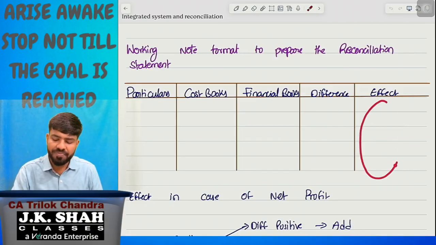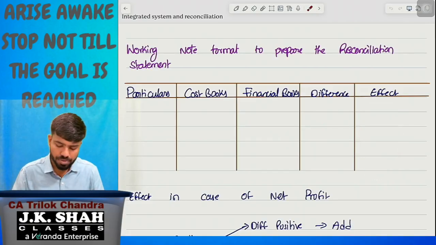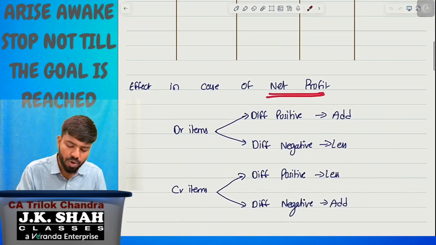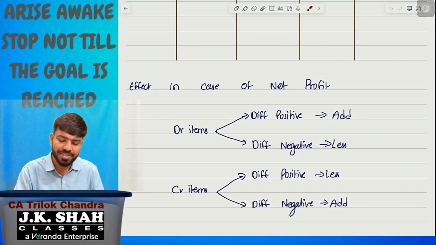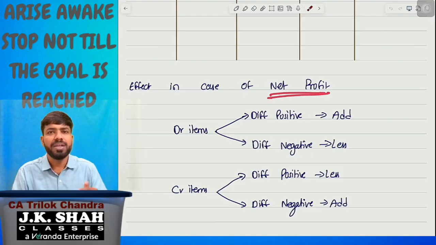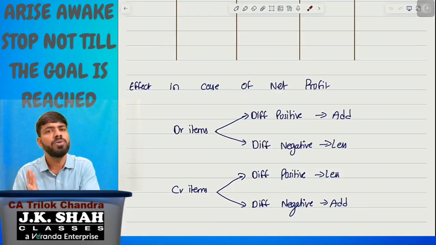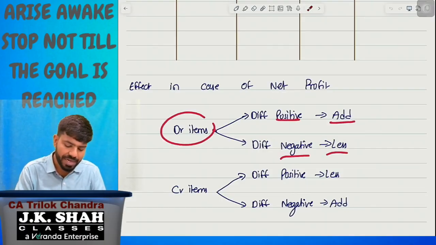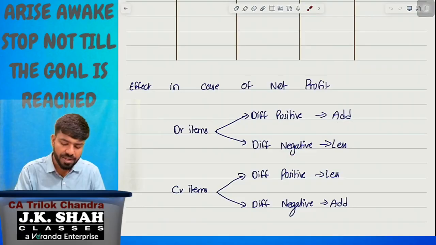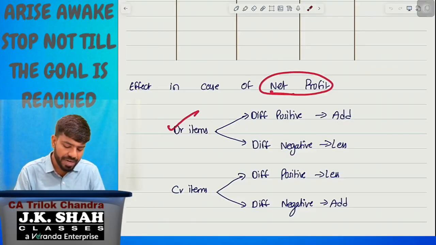Now, when it comes to effect, again there are two scenarios, because profit is possible and loss is possible. If it is net profit, as in question number 4, where we are going from profit according to financial books to profit according to cost books, it's simple.